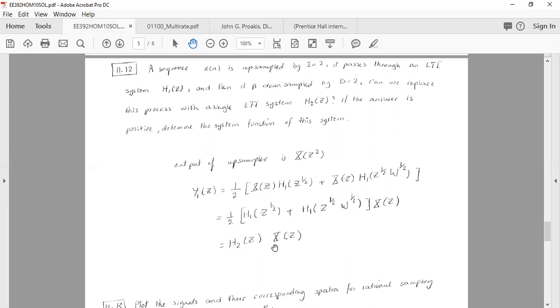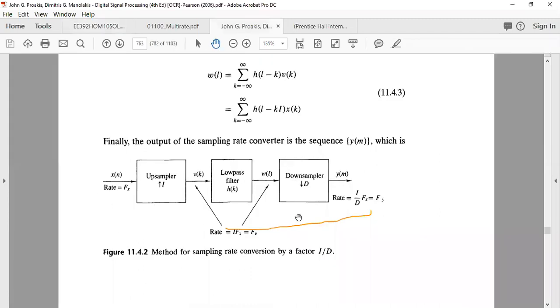Based on this, we can see that this term could be represented by h2 of z, which is basically representing the whole system. It is not just giving the transfer function of one or two blocks. It gives the overall transfer function of this particular system.